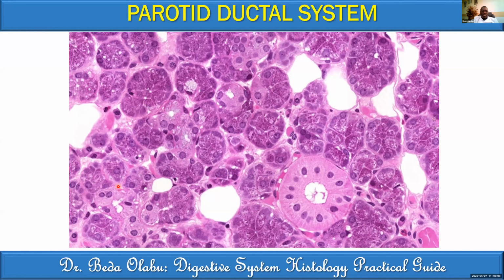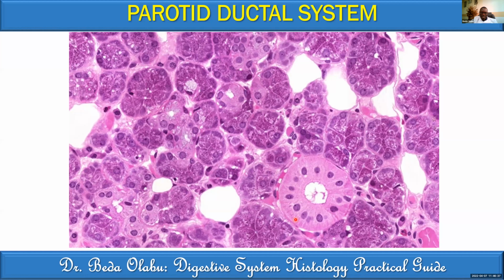Now, these smaller ducts which are within the lobules, the intralobular ducts, are of two types. There are those ducts which are just forming from the acinus, like that one. We call that one intercalated duct. Compare that with this one, which is fully formed with some uniform cells.